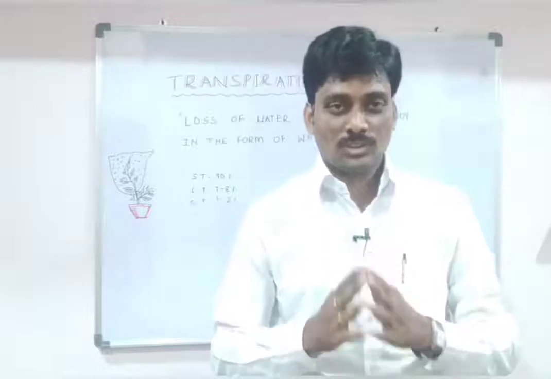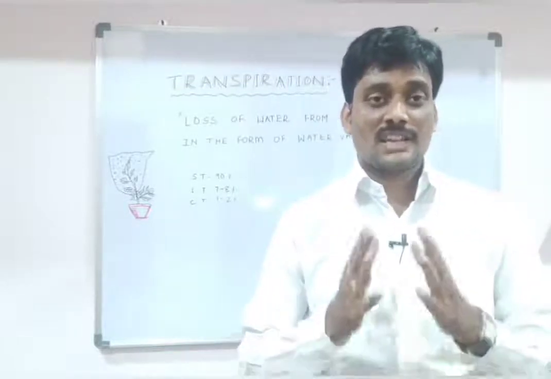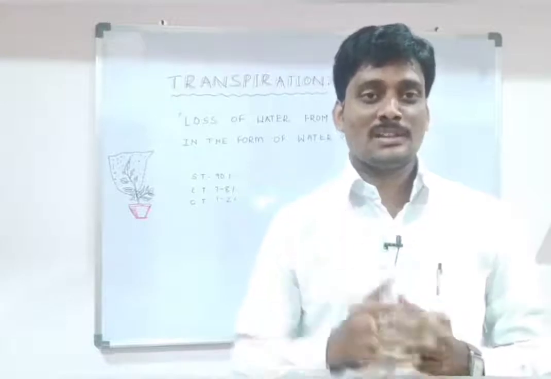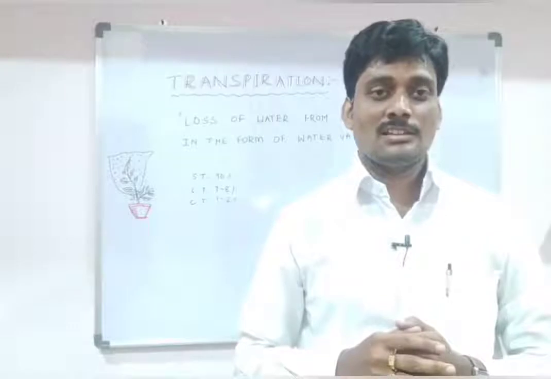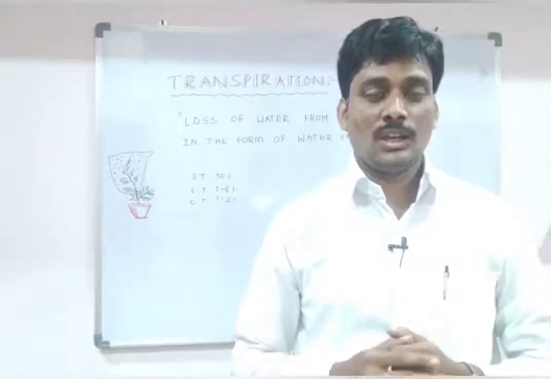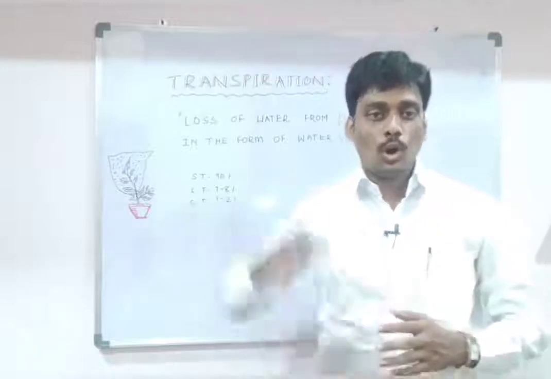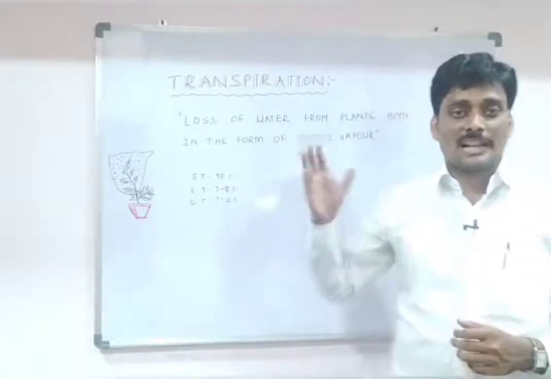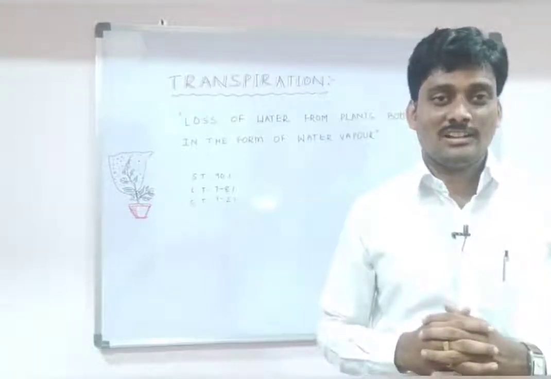It also plays a major role in maintaining the proper shape and structure of the plants by keeping the cells turgid. Because of all these reasons, transpiration is very essential for the plant.